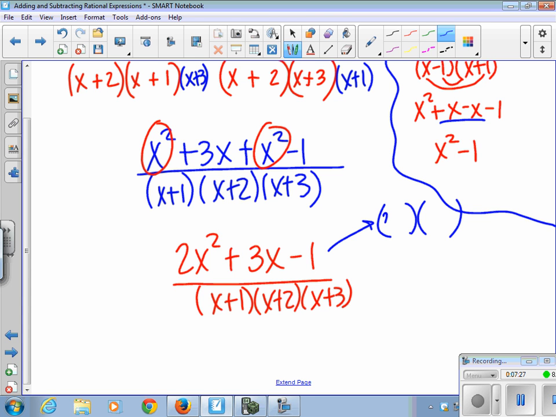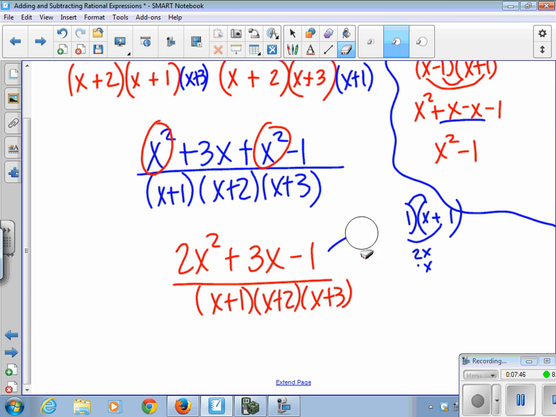So if I were to try 2x and x, 1 and 1, the outsides give me 2x, the insides give me 1x, and I could combine those to get 3x, but my signs would have to be plus and plus. And if they were plus and plus, I would never be able to get this negative 1 right here. So this is not going to factor.